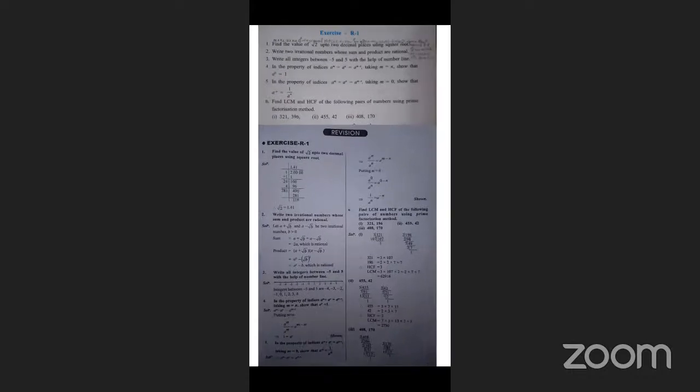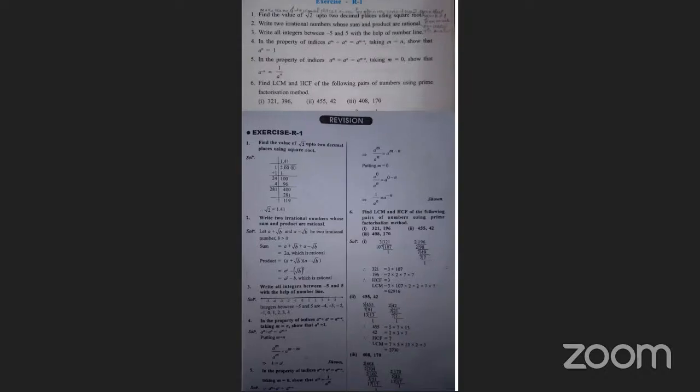Okay. So here I have given the two examples as A plus root B and A minus root B. If you add this, you are getting 2A, which is rational. If you subtract, you are getting A square minus B, which is also rational. You can give some more examples. Some of you can write 2 plus root 3 and 2 minus root 3. If you add, you will get 4.